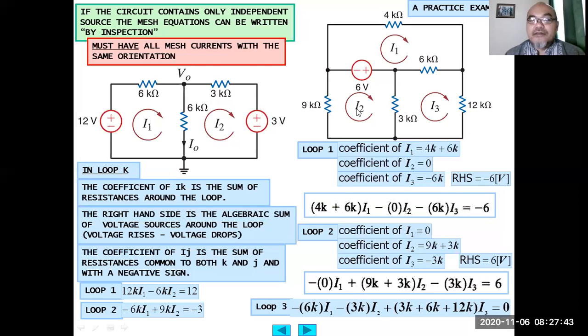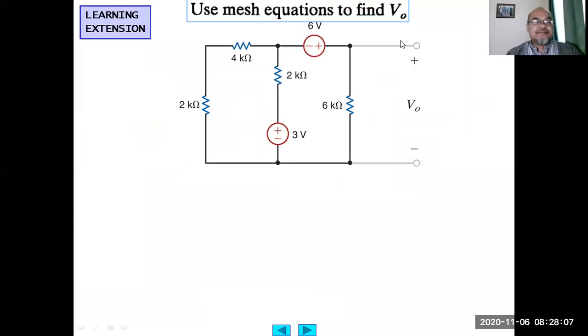The I2 component will be contributed by this 3 kilo ohm. It also goes against loop I3, so we assign negative 3k I2. What about I3? I3 is here, so the coefficient will be 3k plus 6k plus 12k. Okay.